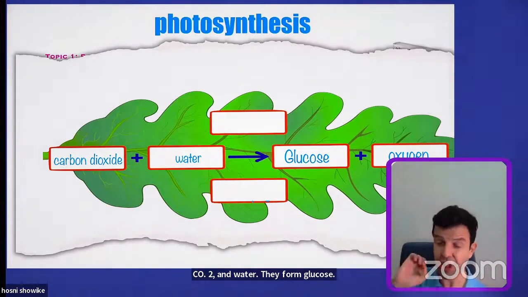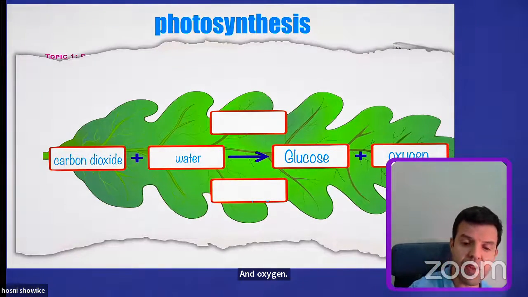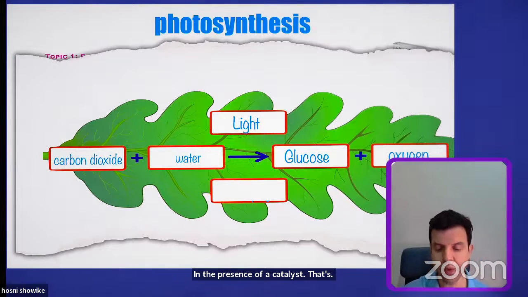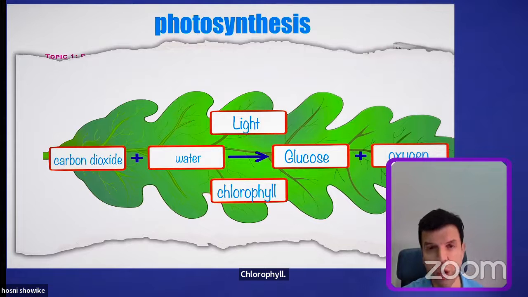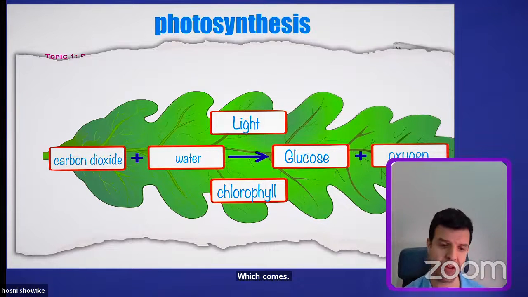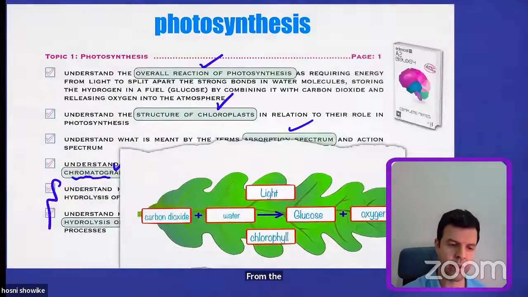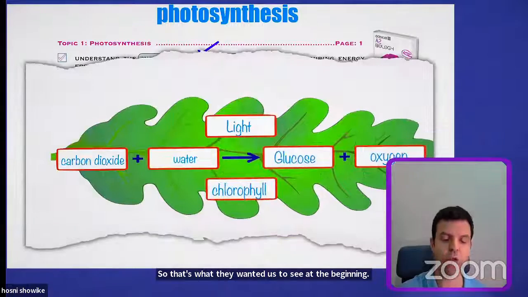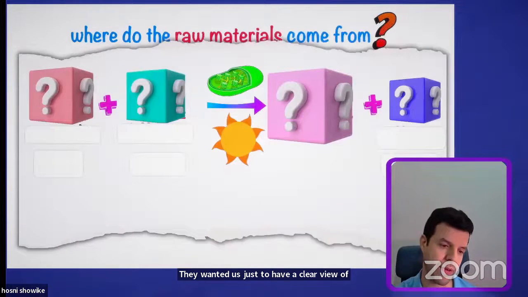This reaction can only occur in the presence of a catalyst, that's chlorophyll, and with a supply of light, which comes from the sun or any source of light, as we're going to see later on. Okay? So that's what they wanted us to see at the beginning. They wanted us just to have a clear overview of the reaction of photosynthesis.